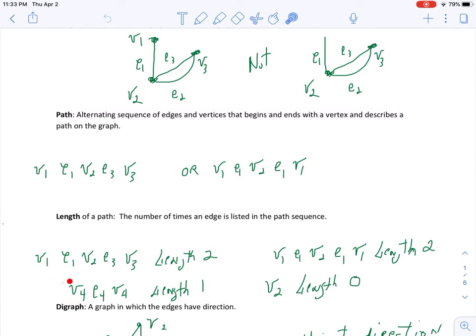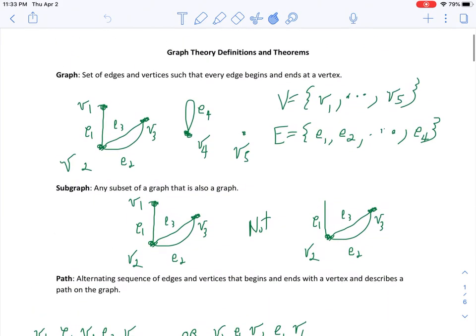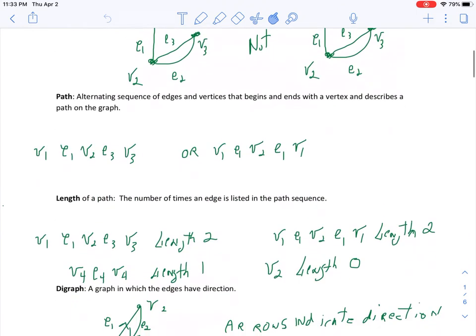If I look at this path going from V4 to E4 back to V4, let's look and see what that looks like. V4 to E4 back to V4. That's a path of length 1 because I've only walked over 1 edge.